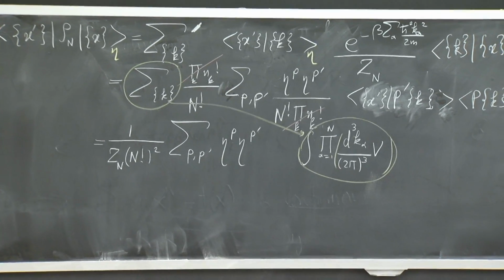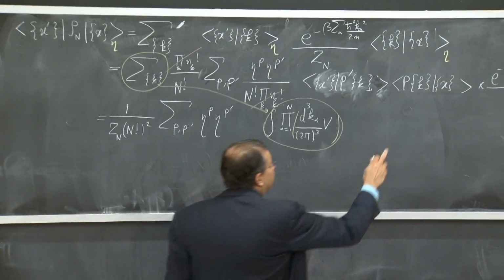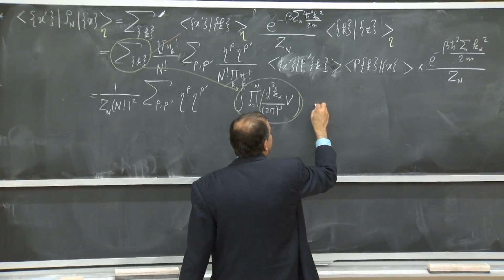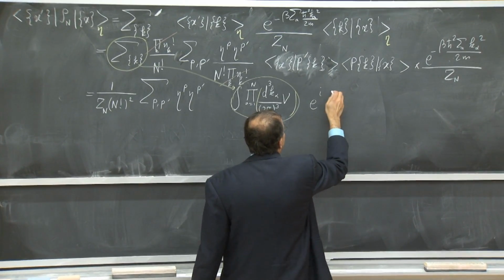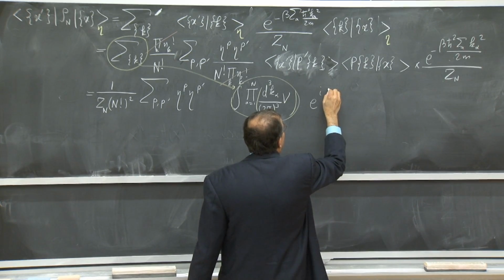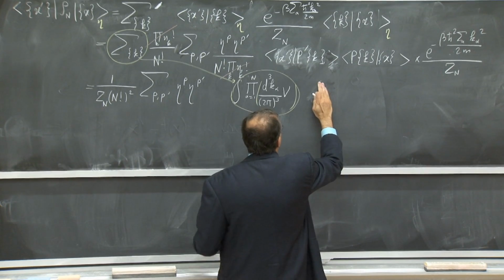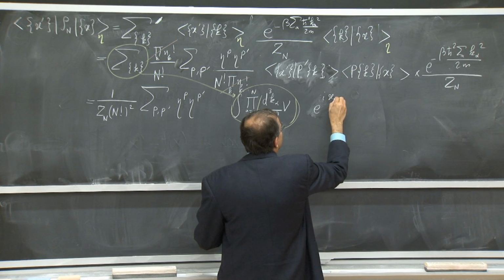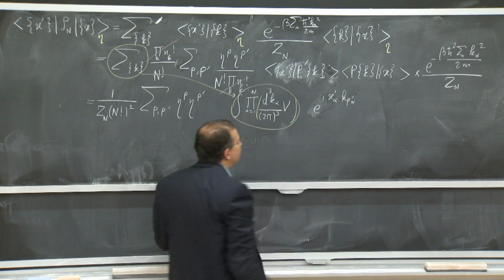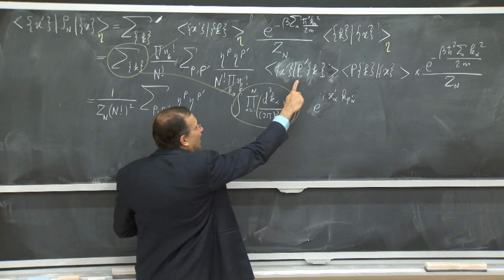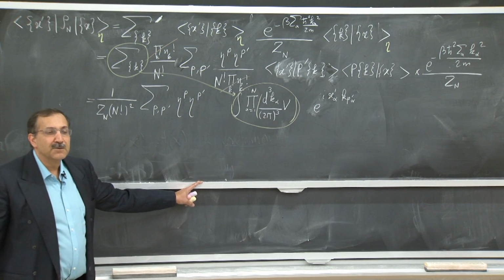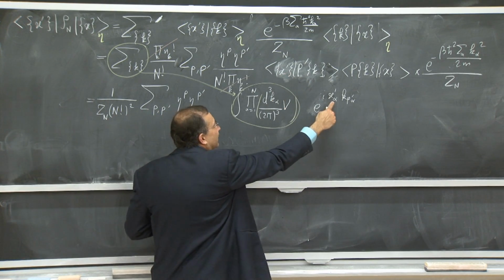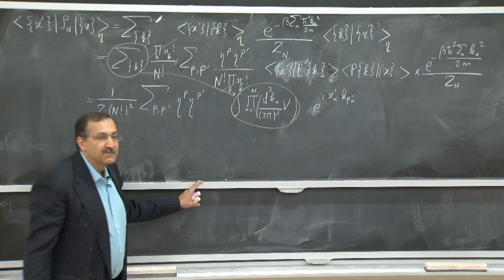Okay, what do we have here? We have e to the i x, well, let's be careful here. I have e to the i x prime alpha acting on k of p prime alpha, because I permuted the k label that went with, say, the alpha component here with p prime.